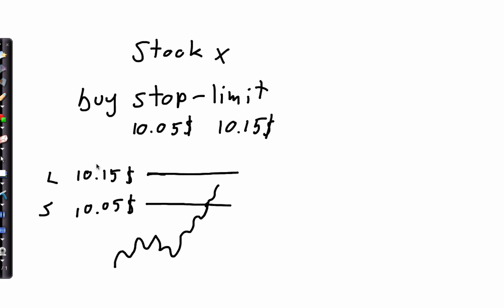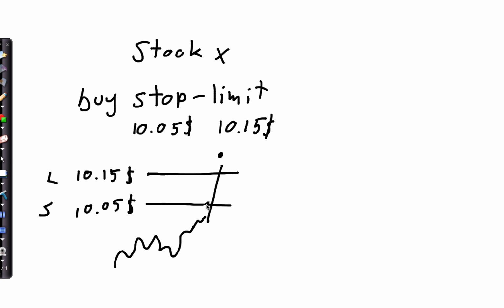So in this case, what happens if, as before, we have the gap? Well, if we have the gap, suppose that we are here, okay? And then suddenly, very quickly, the price is moving here. So if we have this gap, then what happens?